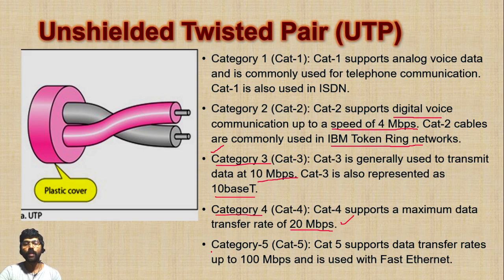The last one is category 5. Category 5 supports data transfer rates up to 100 megabits per second and is used in fast Ethernet.